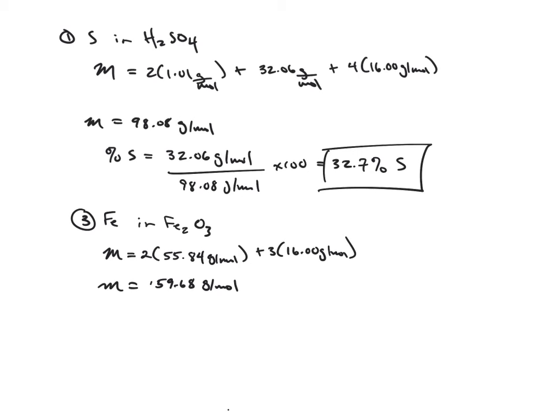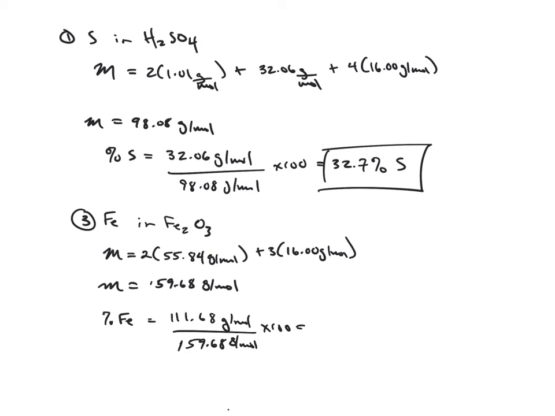All right, well, when I'm doing the percent iron, it is this whole thing, 2 times this number, 2 times 55.84. Okay, so the percent iron is 111.68 grams per mole, divided by the mass of the compound, 159.68 grams per mole, times 100.